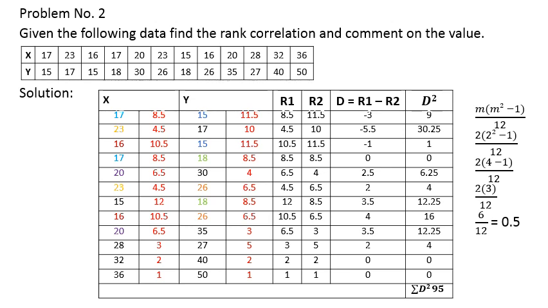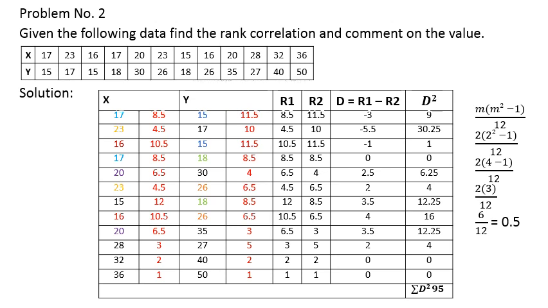Now you consider the ranks of both sets. That is nothing but R1 and R2. So now you find D equal to R1 minus R2: 8.5 minus 11.5 is minus 3, 4.5 minus 10 is minus 5.5, 10.5 minus 11.5 is minus 1, 8.5 minus 8.5 is 0, 6.5 minus 4 is 2.5, 4.5 minus 6.5 is 2, 12 minus 8.5 is 3.5, 10.5 minus 6.5 is 4, 6.5 minus 3 is 3.5, 3 minus 5 is 2, 2 minus 2 is 0, 1 minus 1 is 0.